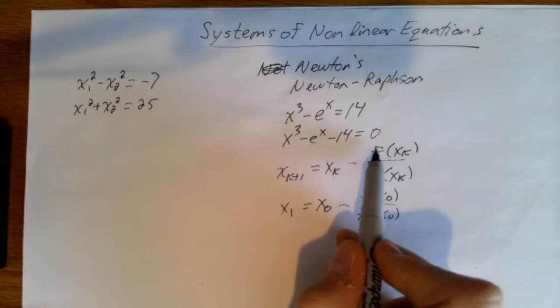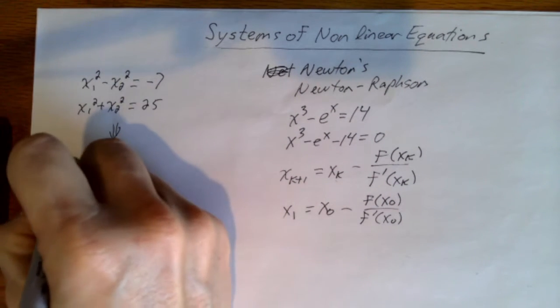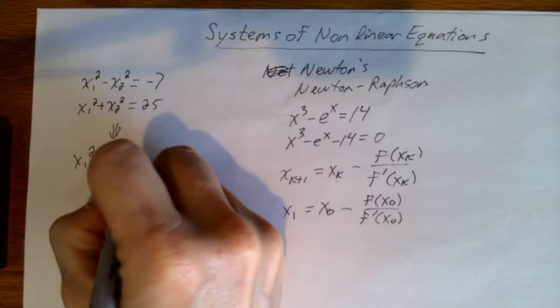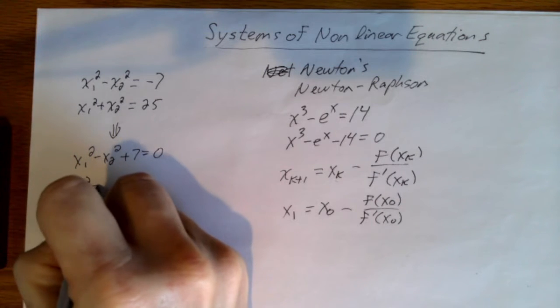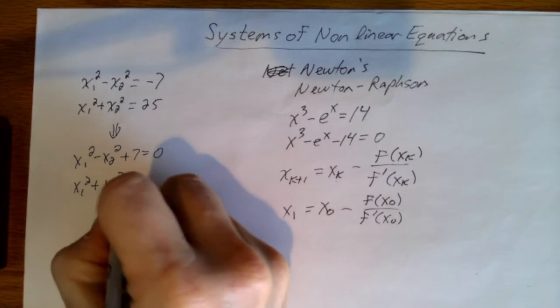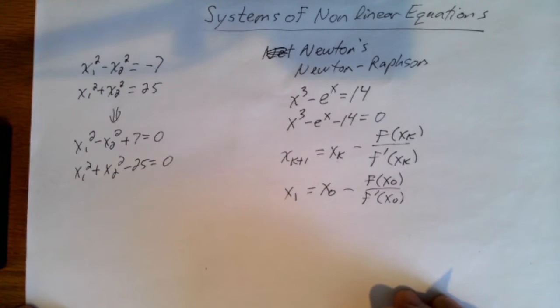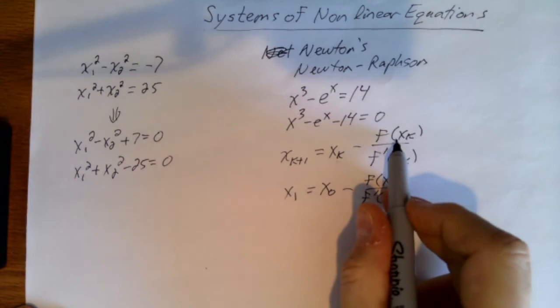First, we'll start off by turning this into a set of roots. So this then becomes x1 squared minus x2 squared plus 7 equals 0. And x1 squared plus x2 squared minus 25 equals 0. And so that then will give us essentially our f here.